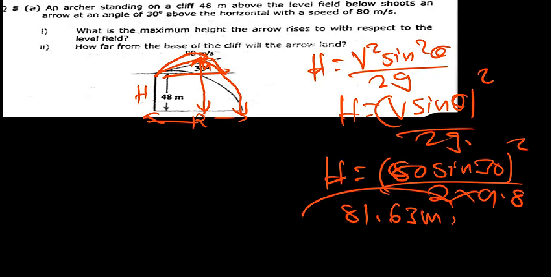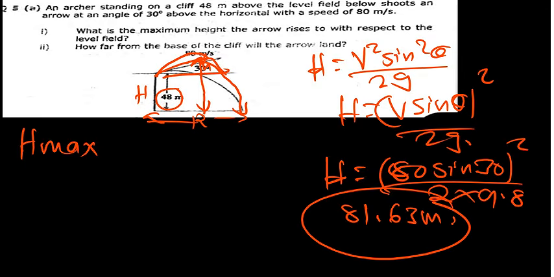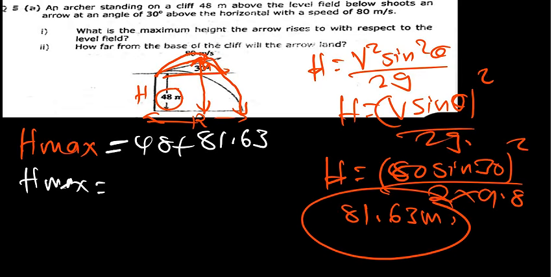So I need to add this with this. My h max is going to be equal to 48 plus 81.63. So what will be my h max in this case? Does that make sense? Unless you have questions, you can ask, please.